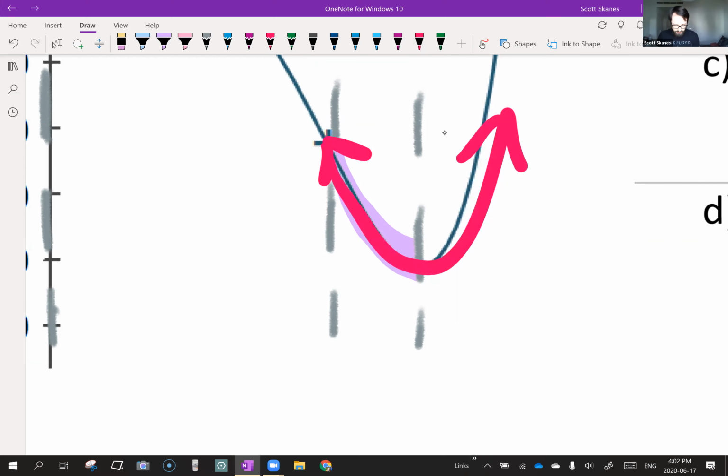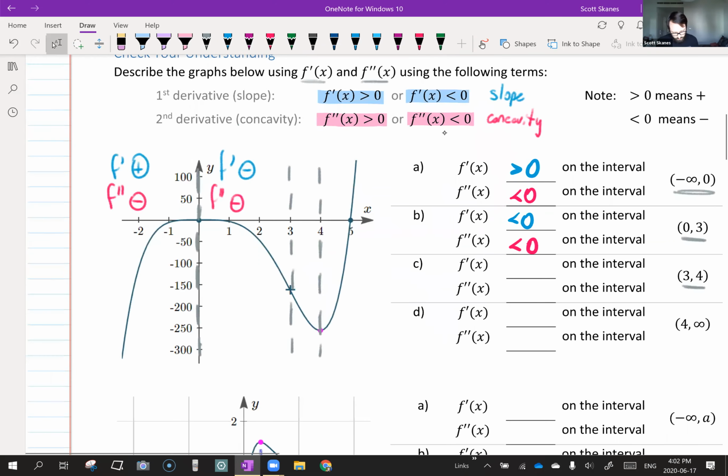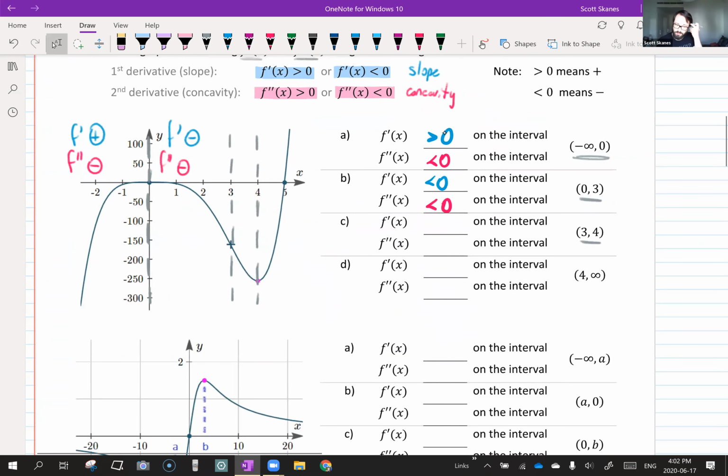In fact, that whole section is going to be concave up. Do you see what I'm saying? If you look at it carefully, just this section, you can see that it's actually concave up. It's not curving downward like that.